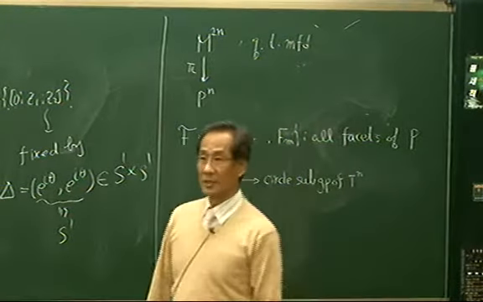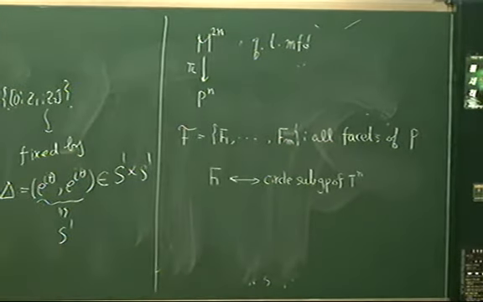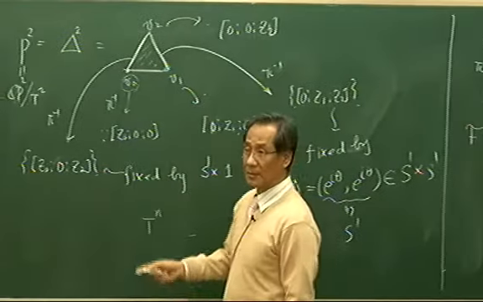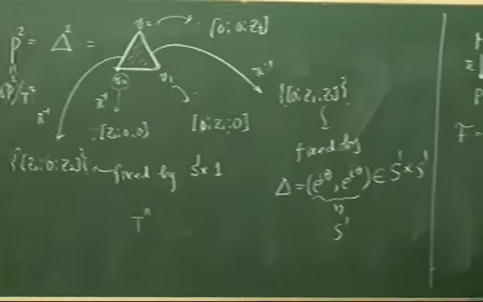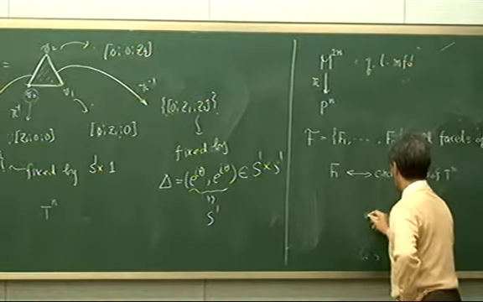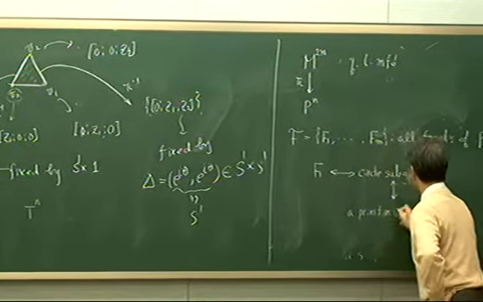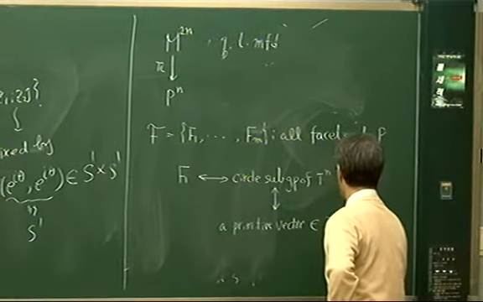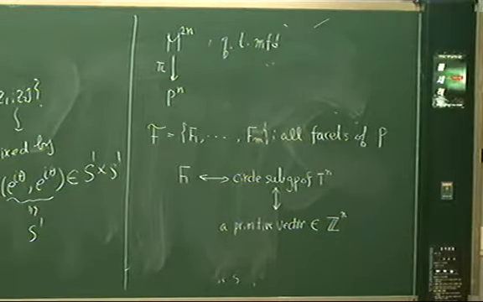Circle subgroups correspond to a map. It corresponds to a primitive vector in the integer lattice.